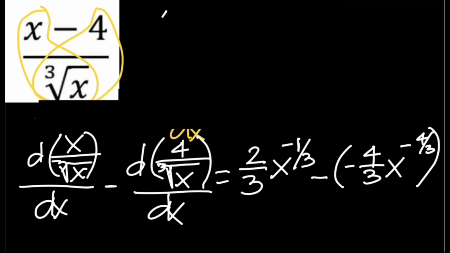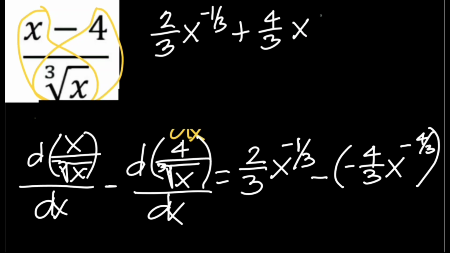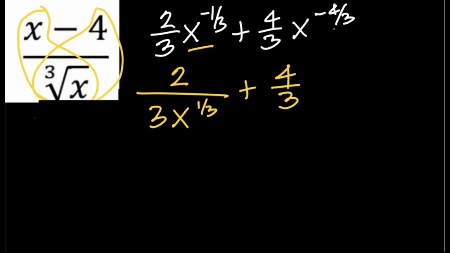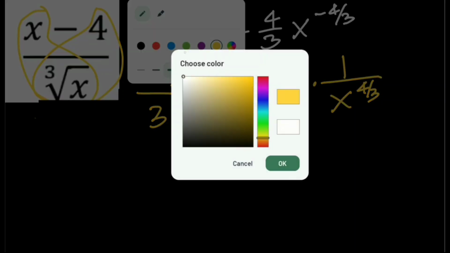Now we can simplify this as 2/3 x to the negative 1/3 plus 4/3 x to the negative 4/3. And now we can further simplify this. We can write x to the negative 1/3 as 1 over x to the 1/3, so this becomes 2 over 3 times x to the 1/3 plus 4 over 3. We can write x to the negative 4/3 as 1 over x to the 4/3. Then we can simplify this further.